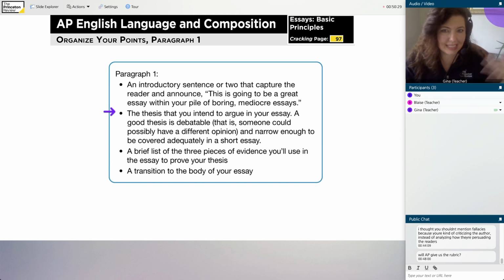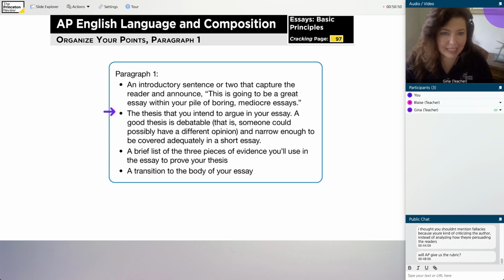So the thesis does not have to do with just, again, what the author said. It has to do with rhetorical modes. Technically, a thesis is something that's debatable. That's, someone else could have an alternative opinion, but that doesn't mean you need to go too complicated with your thesis. Okay. As long as you're focused on rhetorical modes, you're doing the right thing with the thesis.